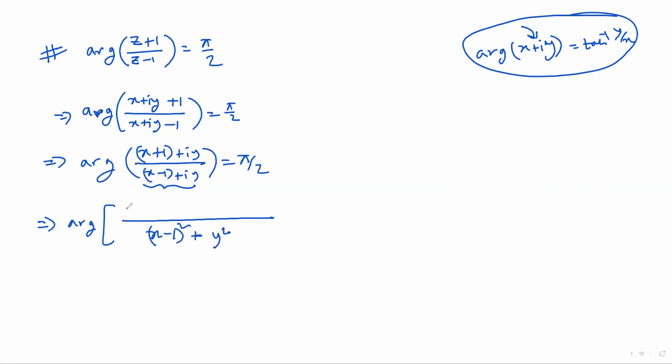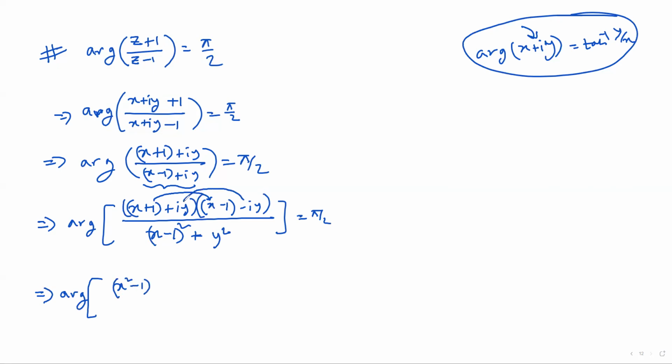And in the numerator, let's write the expression first: (x plus 1 plus iy) times (x minus 1 minus iy). So first multiply these two to get x square minus 1. And then these two, minus i square y square, so plus y square. So we already have our real part.